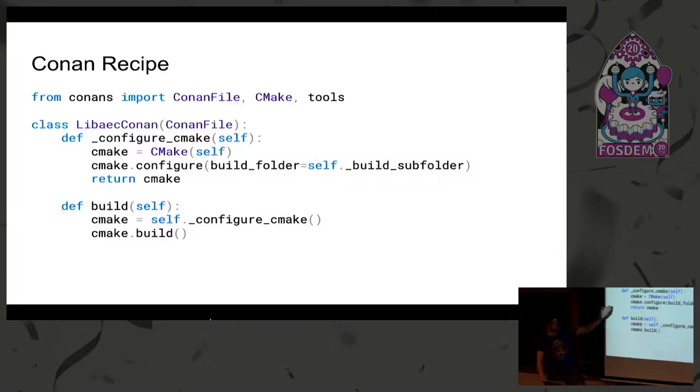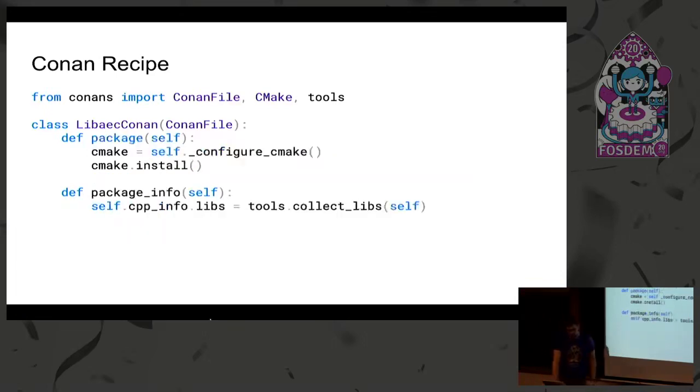It's kind of the same: we're going to configure cmake so that we can do our build. We're going to package it up and then do a cmake install. And then we're going to collect information about the libraries that got installed as part of this. So cmake interfaces really well with Conan, so we can extract a lot of this information. You can also manually describe everything that's in here. Along the way, you can add additional flags, so options. So when you say, I want this library, I want it compiled with certain feature flags enabled, these become parts of the metadata that describe the package that you're looking for.